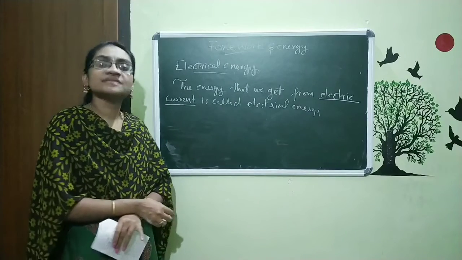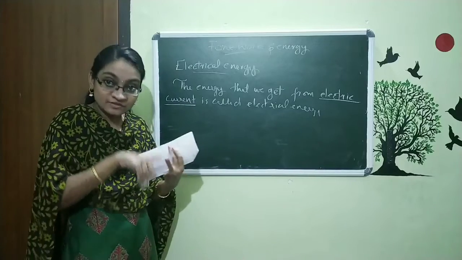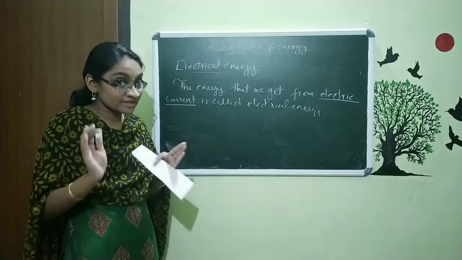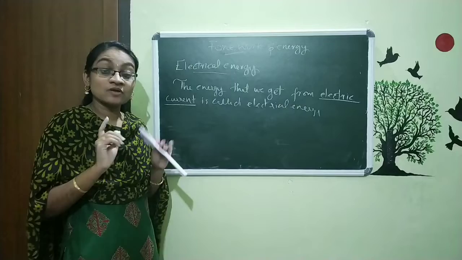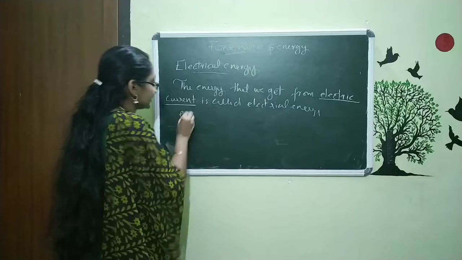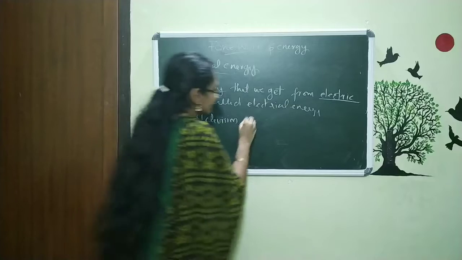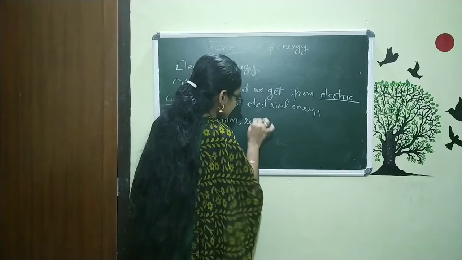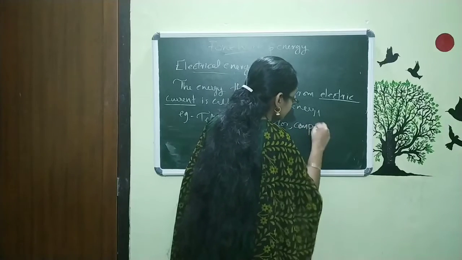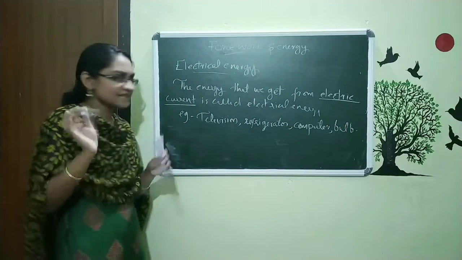And where are we using this electrical energy? Within our home, our television is working, our washing machine working, computer working. How are all these devices working? They are working with the help of electricity, and these all devices are using the electrical energy. So as the example we can say television, refrigerator, computer, bulb, whatever the device you can write as you feel.